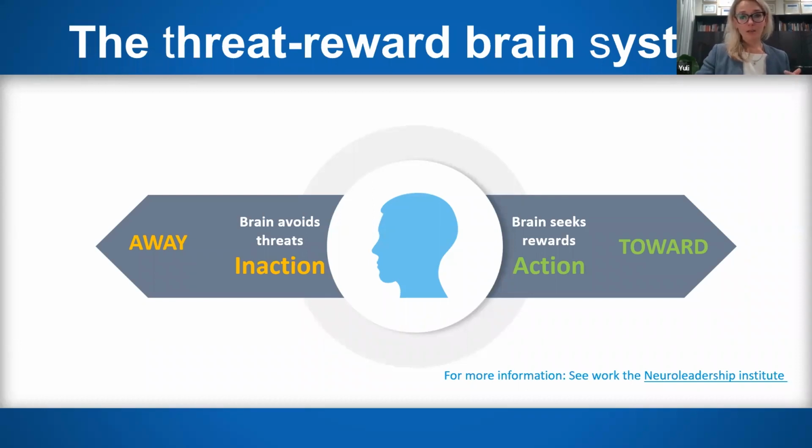Why? Your brain perceives it as threat. Your brain perceives anything that threatens your survival, and micromanagement, being alienated. Social connection is very important to us. Not being related to the peers, your status, and by status, I don't mean your status in society, although it's as important, but your status as a person being excluded, that drives inaction.